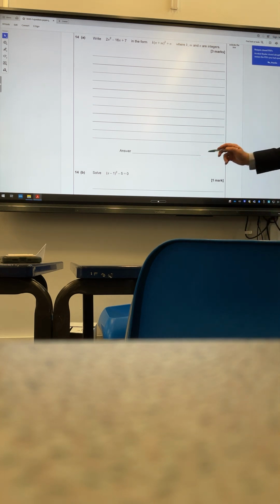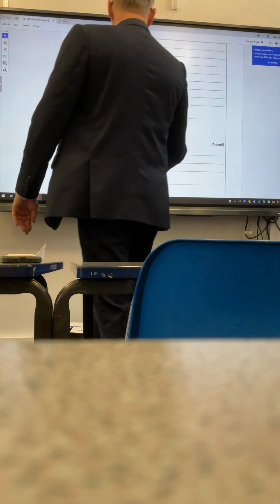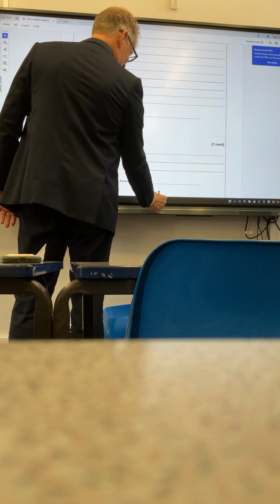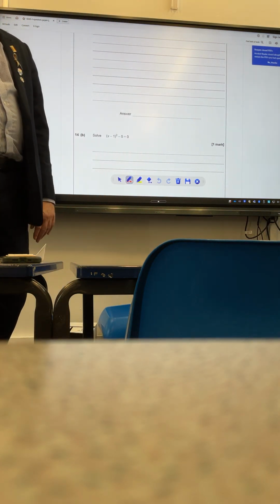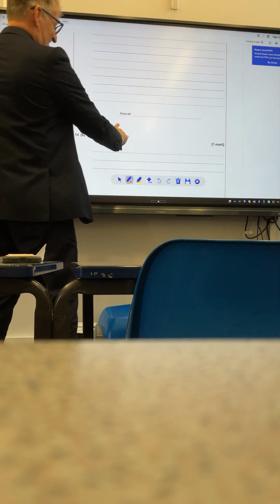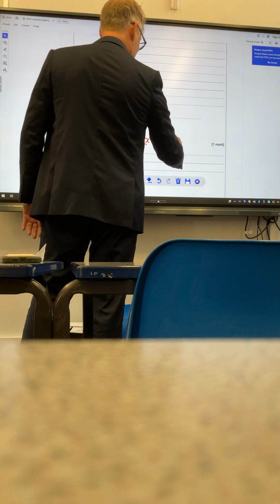Can I just mention this about part B? Don't be daft here and expand it out. I was going to do that. I did, but Clara told me what to do. Just take the other side.